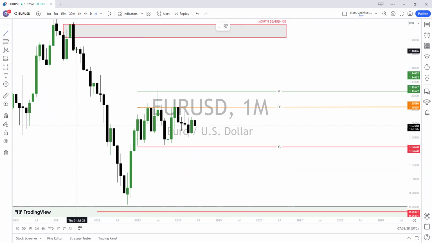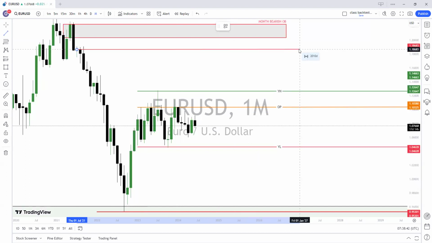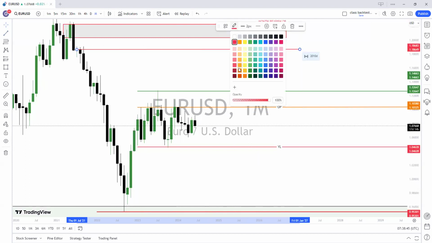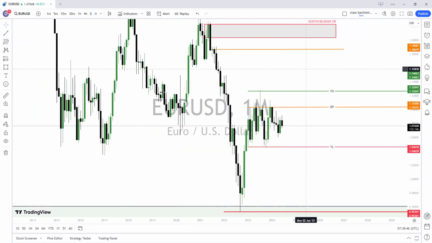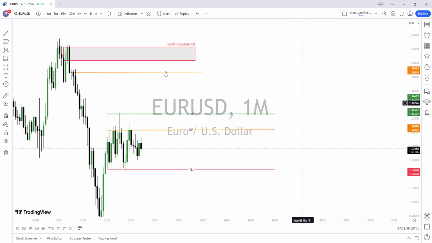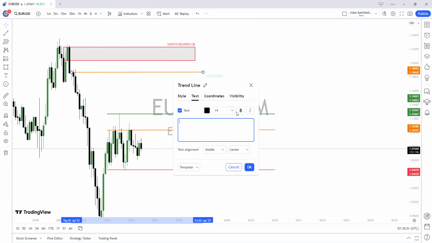Then let's use the line as frequency and recency, so we can know that there's also another zone we should be looking out for. All right. Let's edit this. I don't know when the class is going to end. Okay, it's going to end in 1 minute. So let's put mitigation, or we can put bearish.